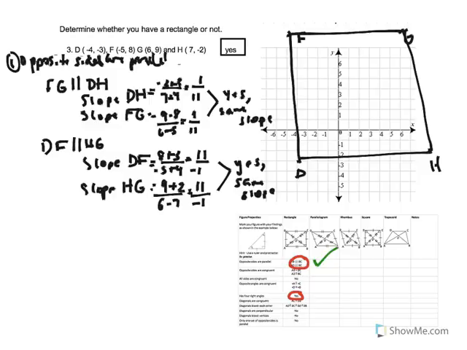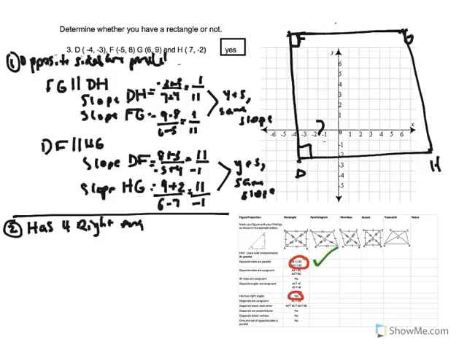Now we need to prove the second part, that it has 4 right angles. So how do we prove that two lines intersect to form a 90-degree angle? How do we prove that? We can prove that their slopes are negative reciprocals of one another. So we write 2, has 4 right angles, and we go ahead and prove that.